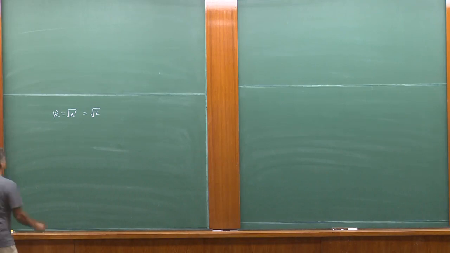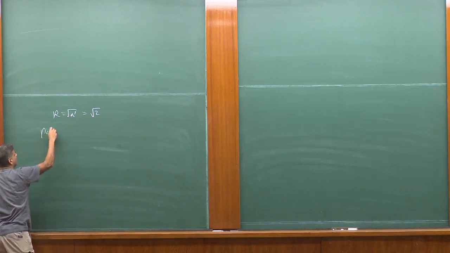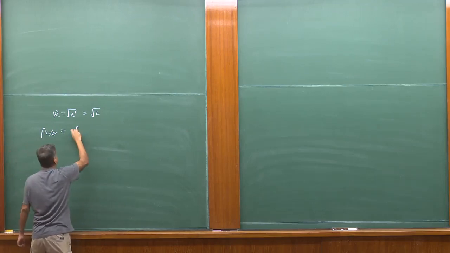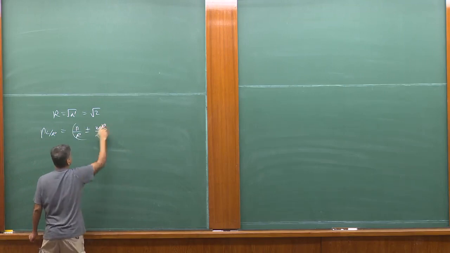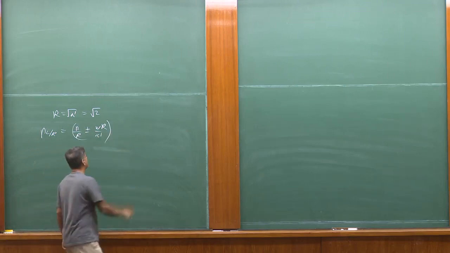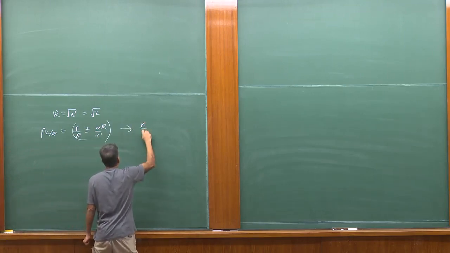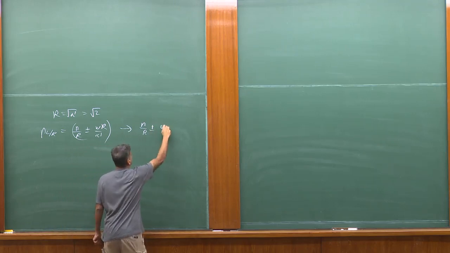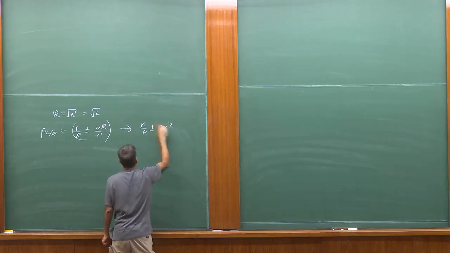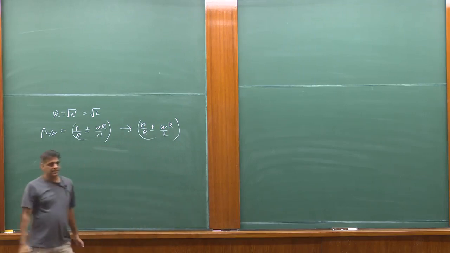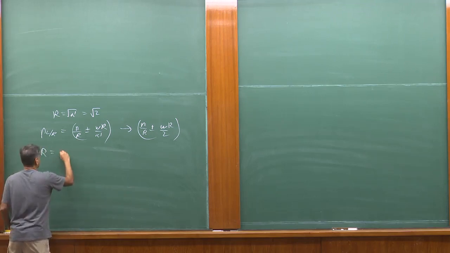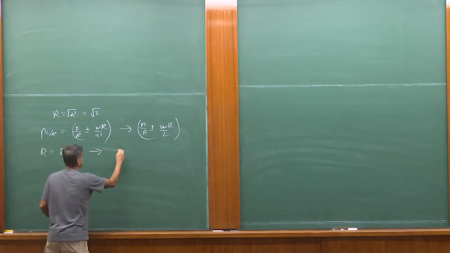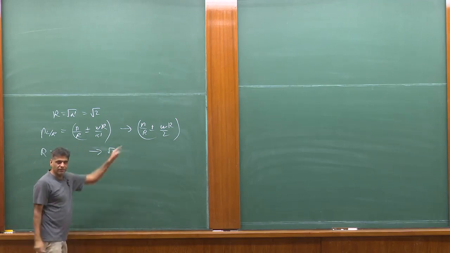So let's remember our formula for PLR. This was equal to n by r plus minus omega r by alpha prime. Then setting alpha prime equals 2, this went to n by r plus minus omega r by 2. Now let's set r equal to square root alpha prime, which is square root 2, in this formula.